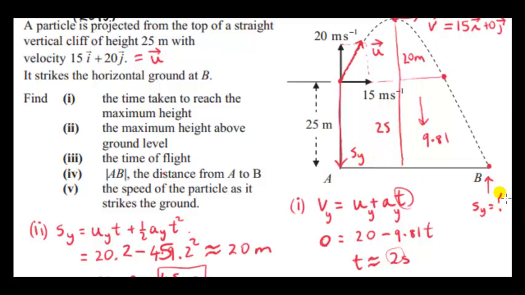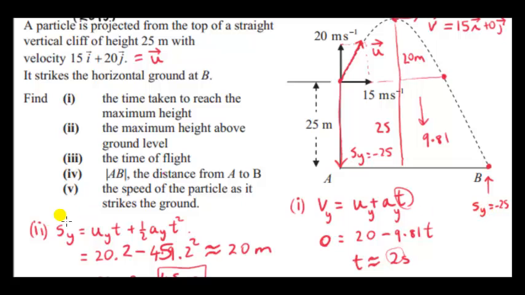So, well, we know what it is actually. We don't have to put a question mark there. We know it's minus 25. Well, we could put in the j if we like, but we normally don't. The sign gives us the direction. There's only two directions to consider for sy, positive or negative. So we know that at this point sy is minus 25.